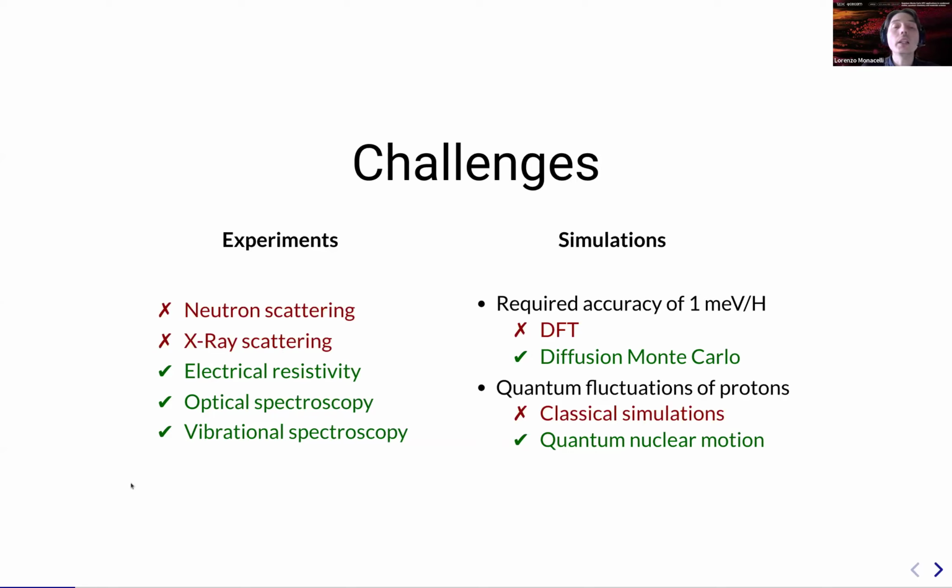And so the only probes we have to understand what's going on in a sample are all indirect probes, like electrical resistivity, optical spectroscopy, so essentially what color the sample is and how it looks on the camera, and vibrational spectroscopy.